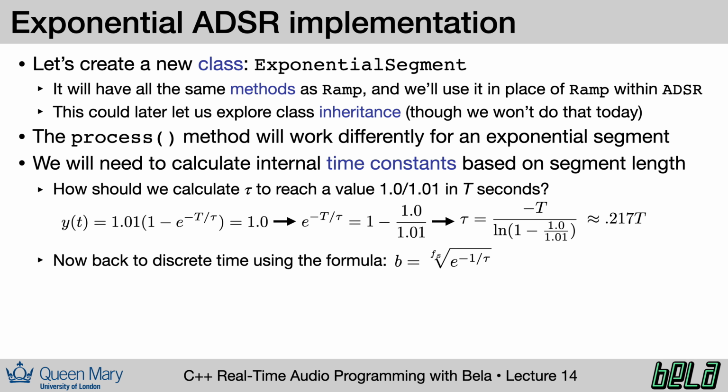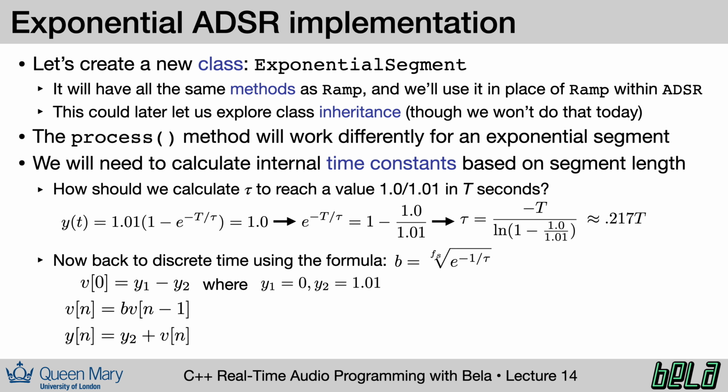Now we can move that calculation back into discrete time using the formula we saw before to give us a value of b. We then implement the exponential envelope using the equations we saw before. Notice here we have v of n is equal to b times v of n minus 1. In other words, we are recursively multiplying the value v of n by some value b that we have calculated based on all of the preceding formulas.